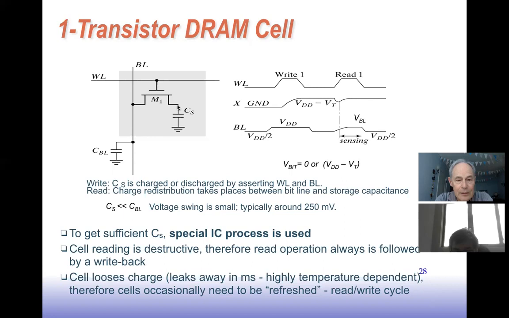So the way it works for writing, this C sub S, this C storage, is charged or discharged by, again, activating the word line and then the bit line, right? So we turn on the word line and then drive either a 0 or a 1 onto the bit line, and that will get transferred into the cell because the word line will have turned on that device.